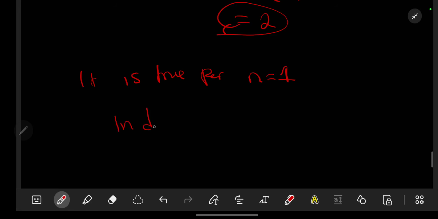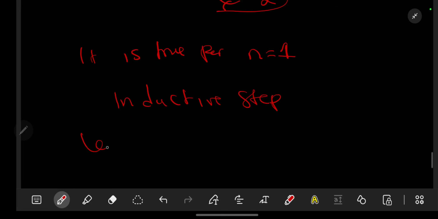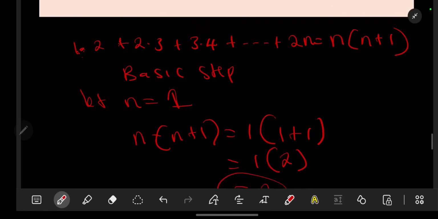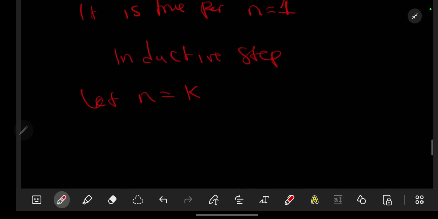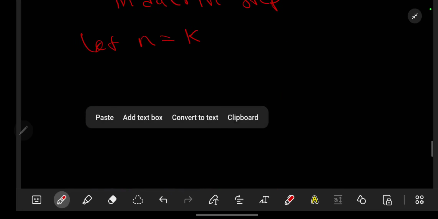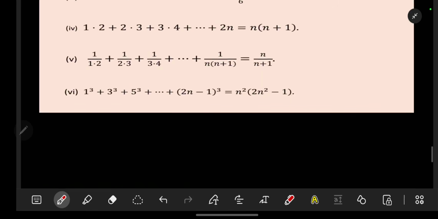Then you are going to go for the inductive step. For the inductive step, what are we going to have? So in the inductive step, we are going to let our n be equal to k, like that. So this gives us a value that is equivalent to, we are going to replace everything, let us put it here.